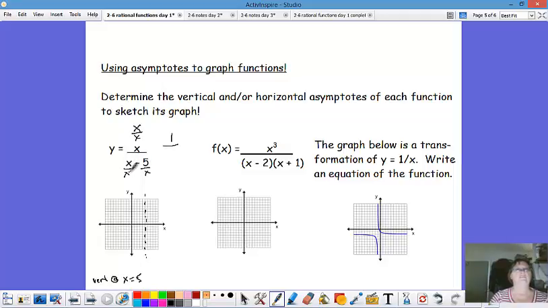Here we have x over x, 1, minus 5 over x is going to 0, so we're going to just say it doesn't even count. It's so small that it's negligible. Our horizontal asymptote then is the line, and so this is how I write that. Horizontal at y equals, well, 1 over 1 is 1. So we have a horizontal asymptote right in here.